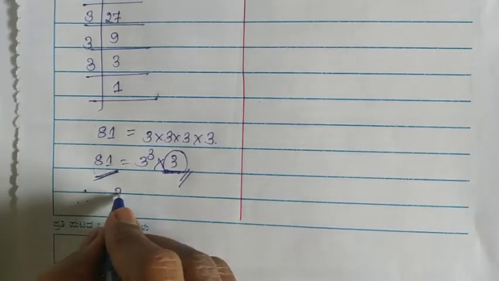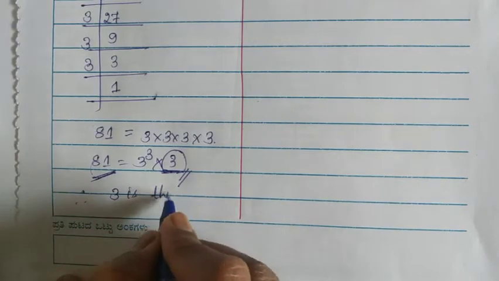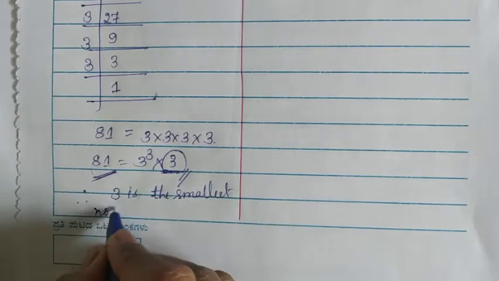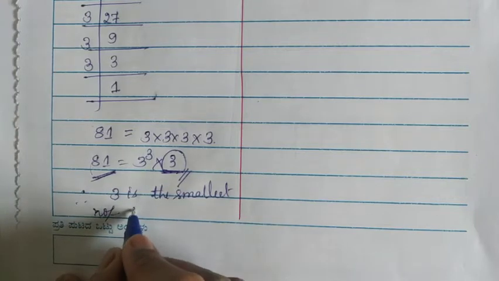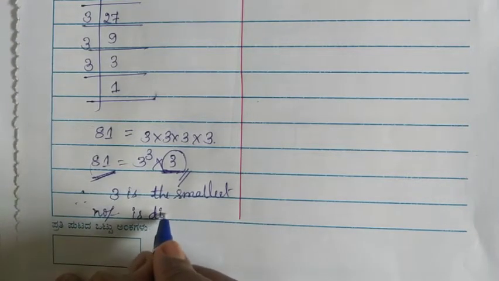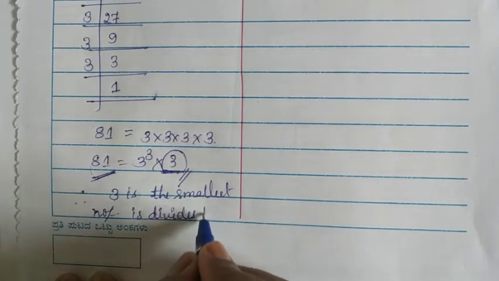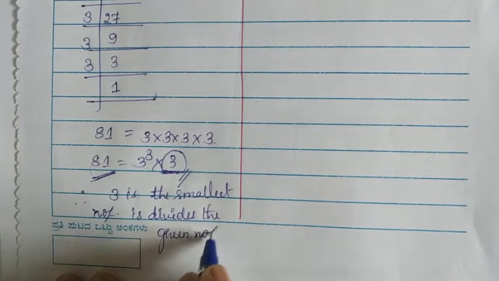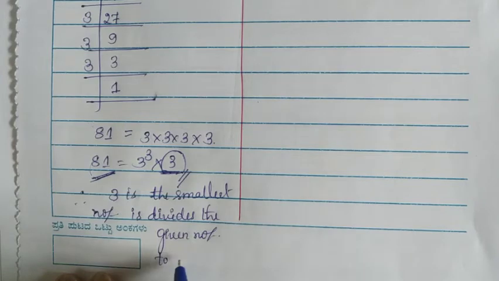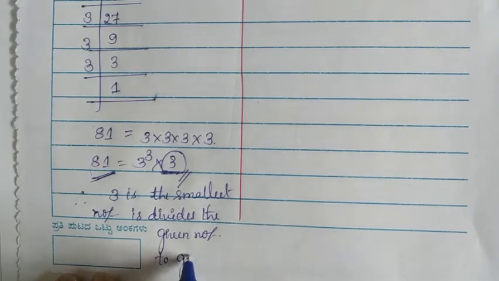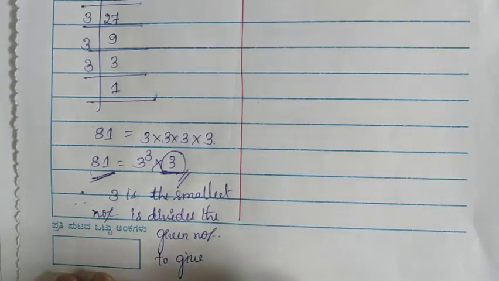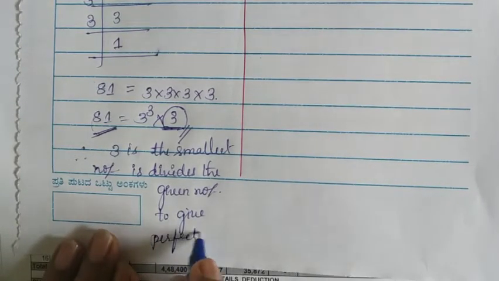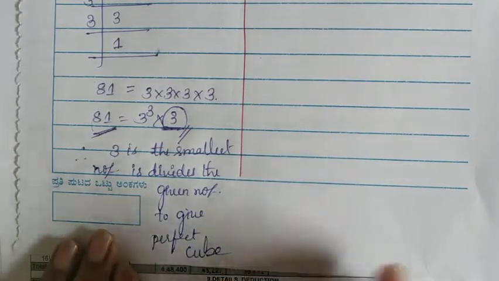Therefore, 3 is the smallest number that divides the given number to give a perfect cube.